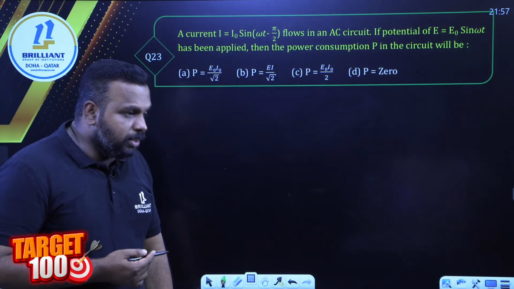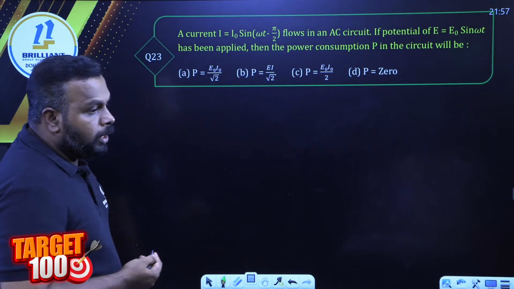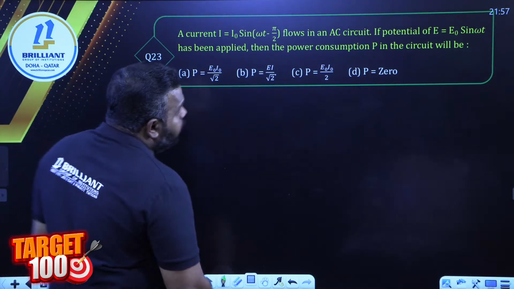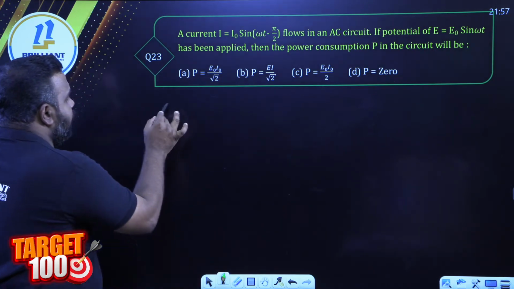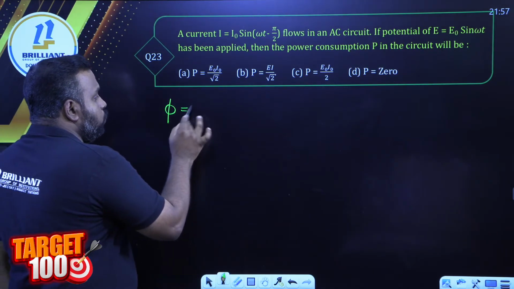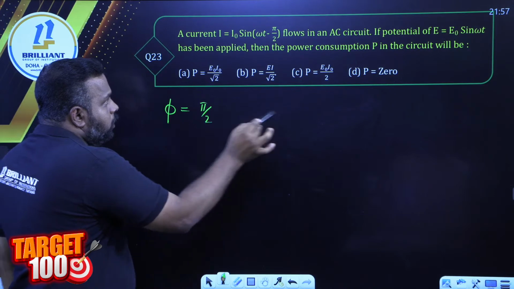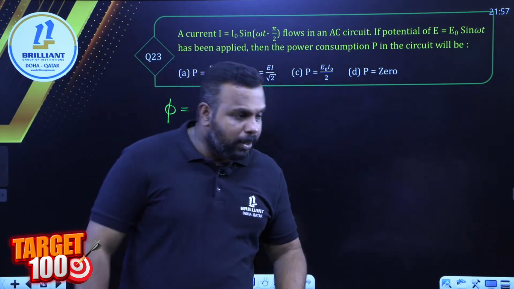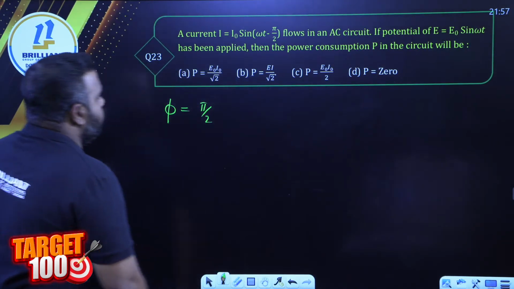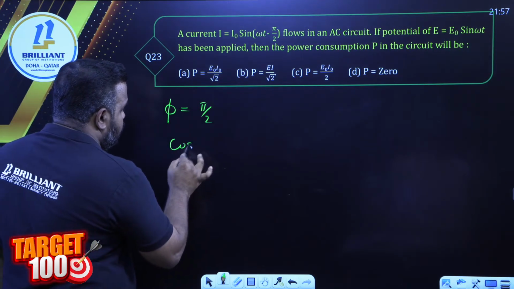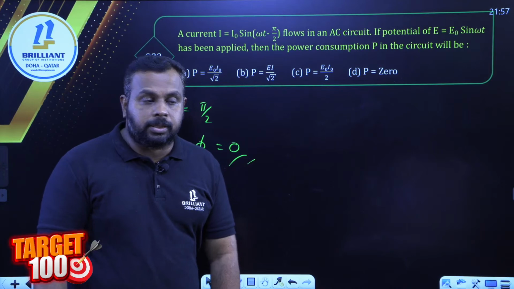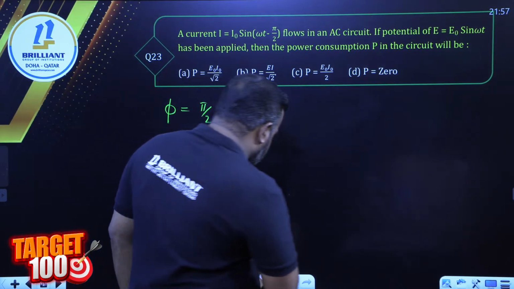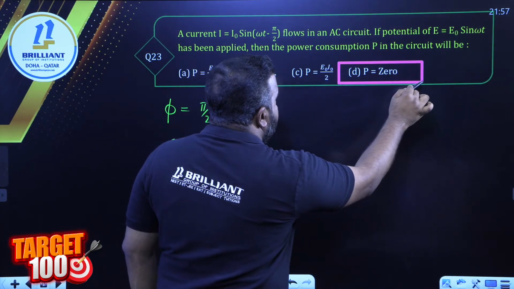Check the phase difference. One has minus pi by 2, the other is sine omega t only, which means phase angle is equal to 90 degrees, pi by 2. You can see that the current is lagging by pi by 2. Yes, very good students. If phase is pi by 2, the power factor cos phi will be 0, so average power will be 0 in this case. It is option D. The power will be 0.